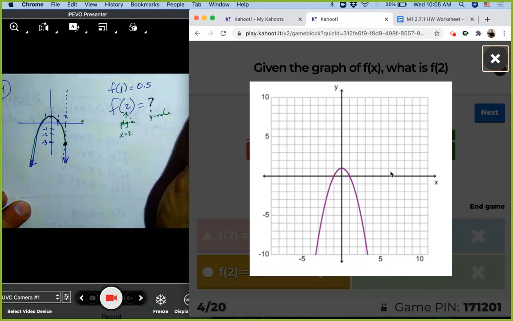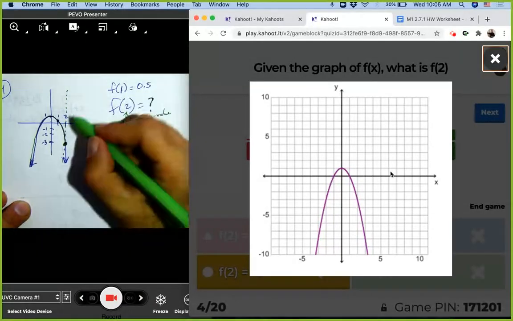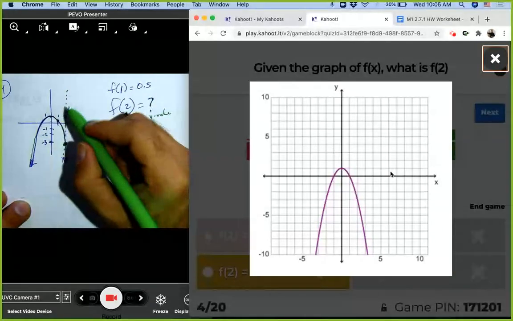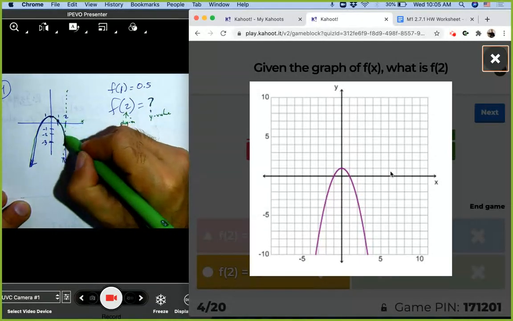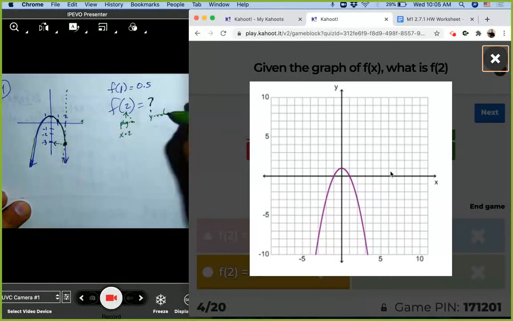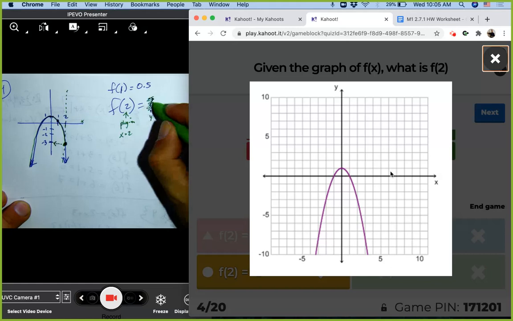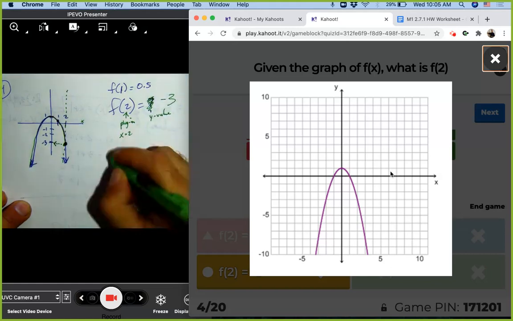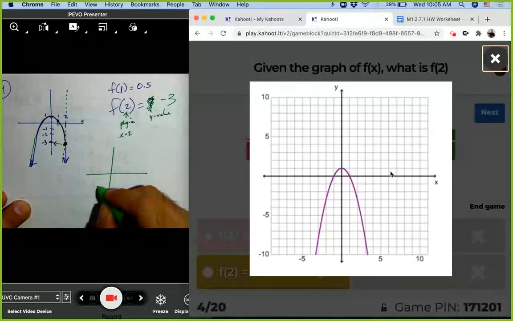When x is 2, it's right there. When x is 1, it's here. When x is 0, it's up here at 1, right? So it's just looking to see, well, where am I 2 over for x? I'm right here on the function. So f of 2 is equal to negative 3. Okay. So let me do one follow-up question or problem for this.